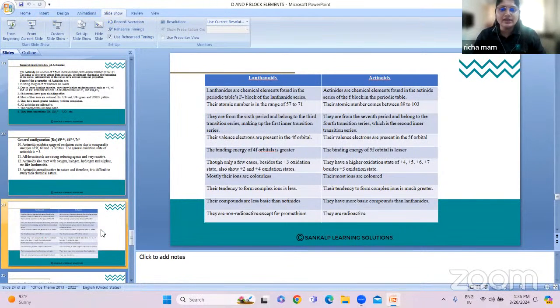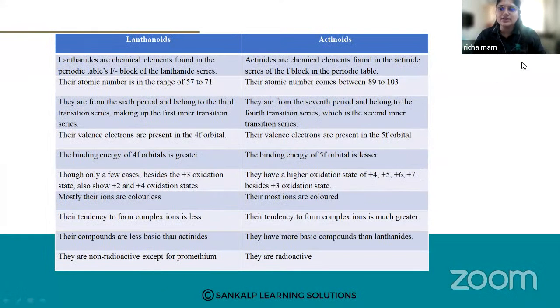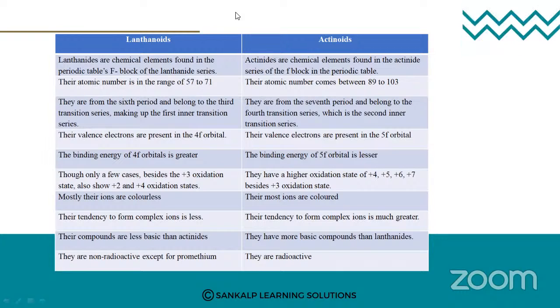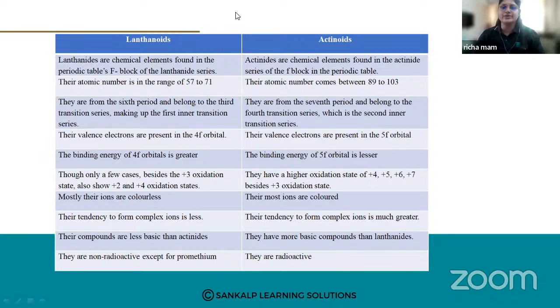Before that, let us first see the differences between lanthanides and actinoids. When we look at lanthanides, these are the chemical elements found in the f-block of the periodic table, in the lanthanide series.